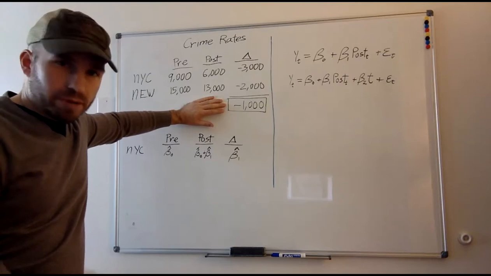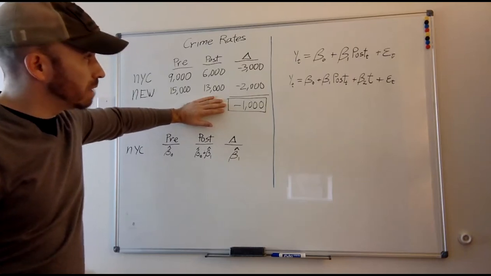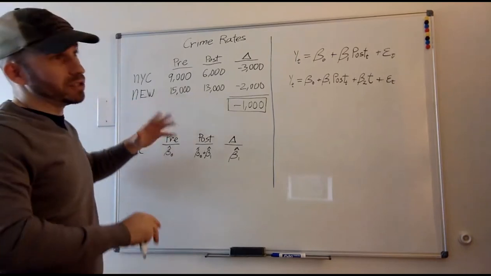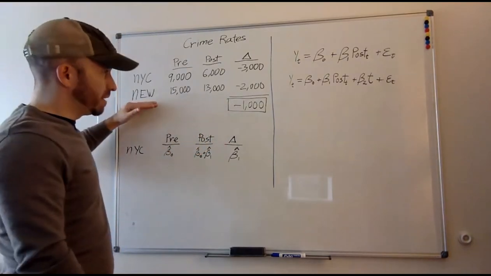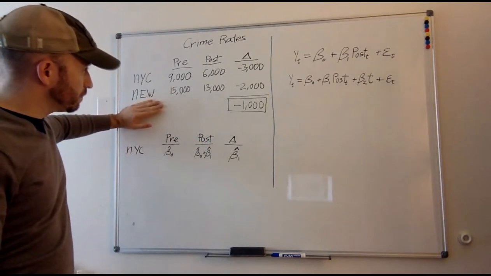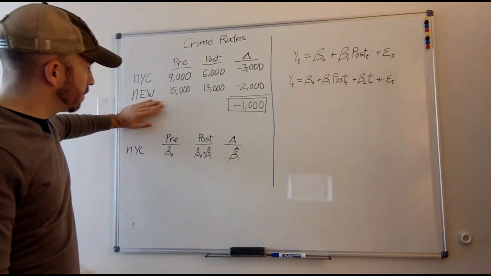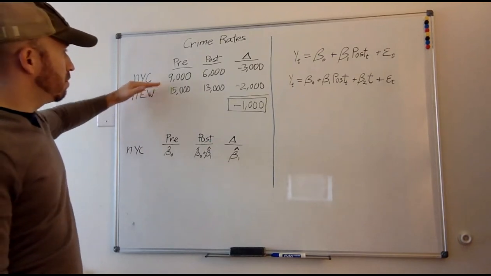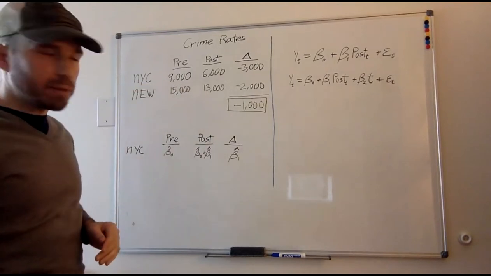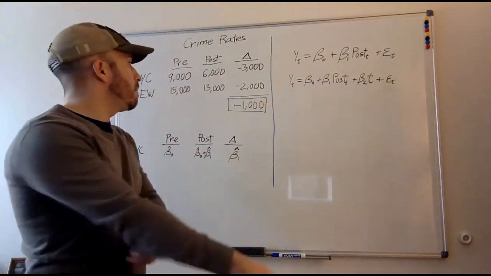And part of why it is subject to quite a bit of criticism is, in addition to any number of other omitted variables that we might posit, the Newark crime rates may not be a great counterfactual for New York City crime rates, right?